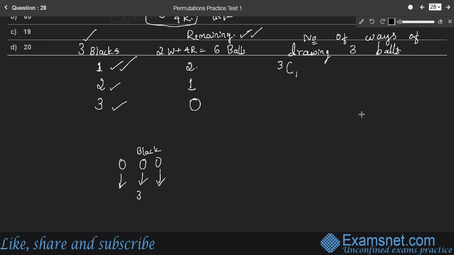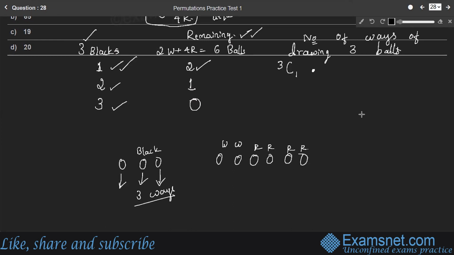That is 3C1, into the number of ways of drawing 2 of the remaining balls, which may be white or red. In the remaining 6 balls, 2 are white and 4 are red.